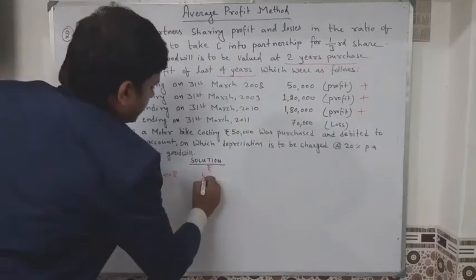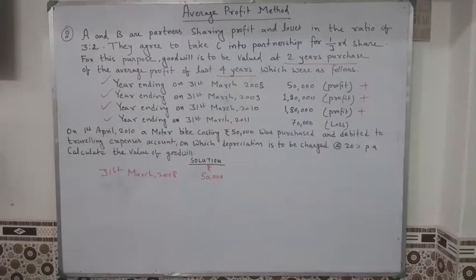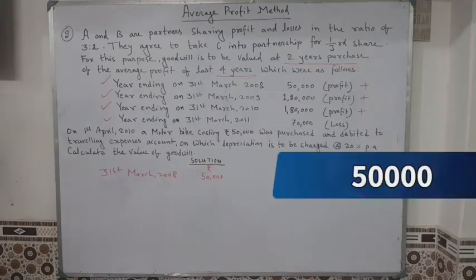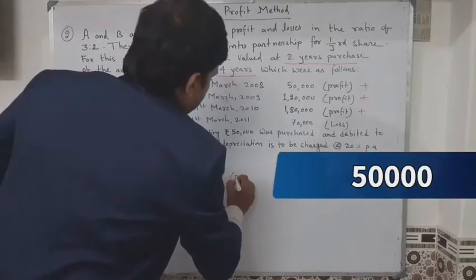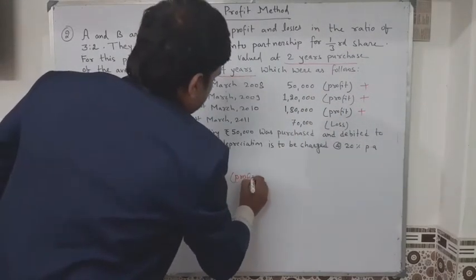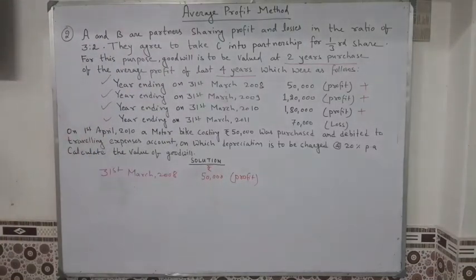Here you write 50,000. What is 50,000? This is profit. Here you will write profit, or you can also write just profit only. Both you can write.